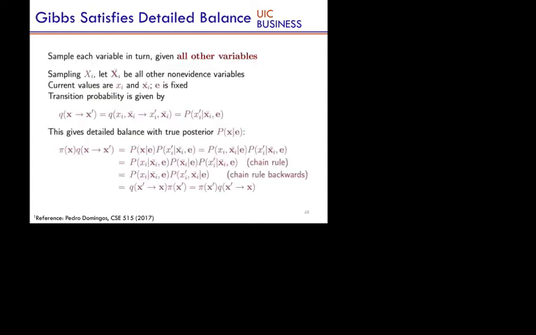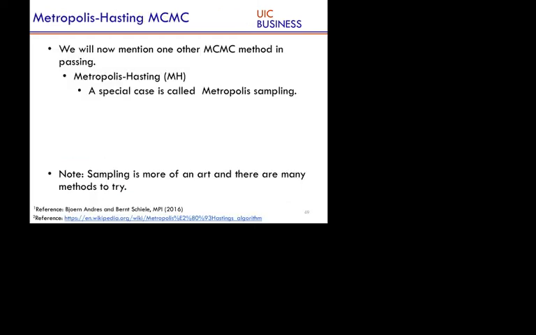Okay, let's skip how Gibbs sampling obeys the detailed balance equation. We'll skip that for now. We'll get to a couple of other methods which we'll not go into the details of, but are also popular in the Markov chain Monte Carlo family of methods. In fact, one method is called the Metropolis-Hastings method.